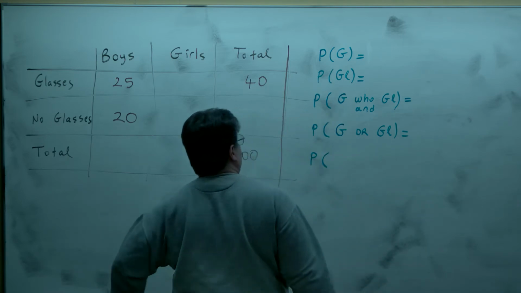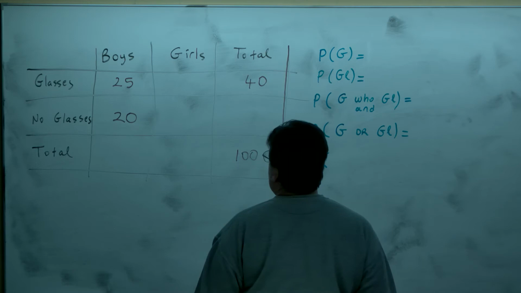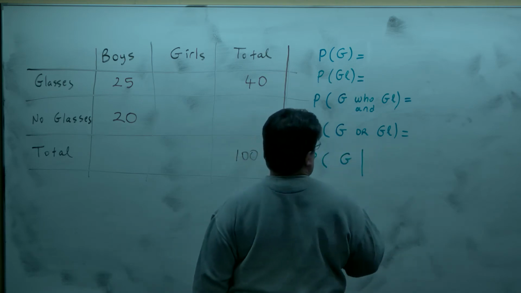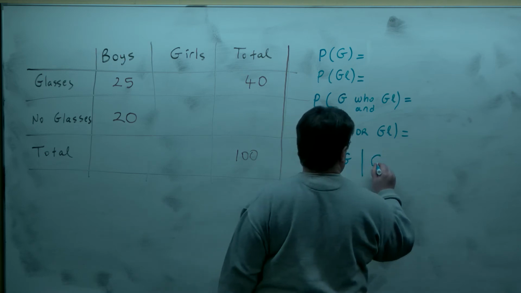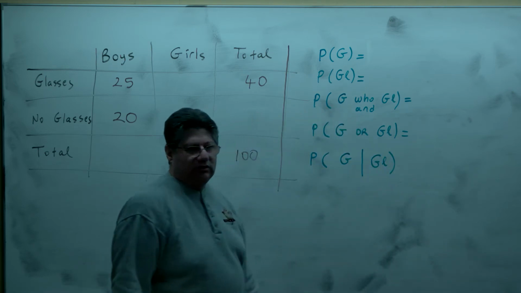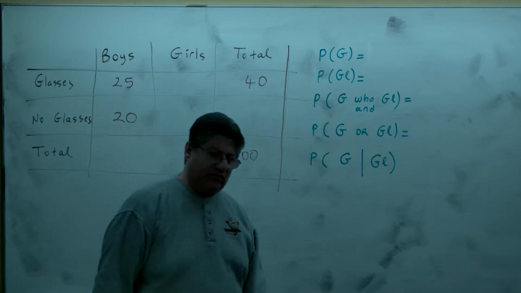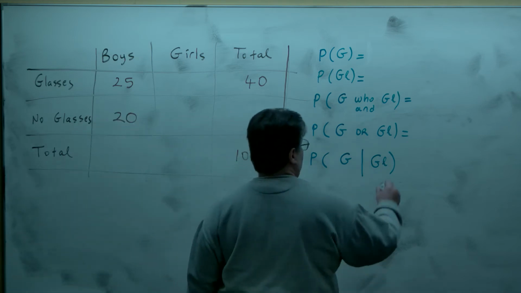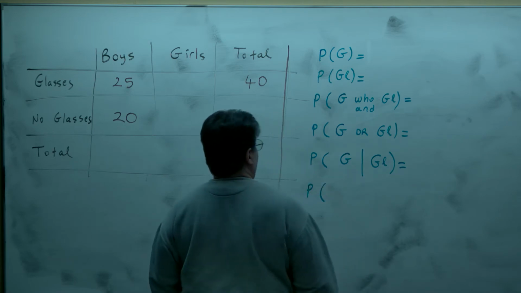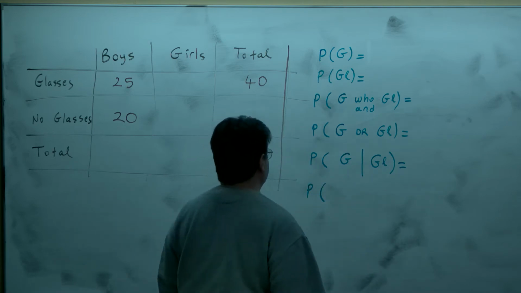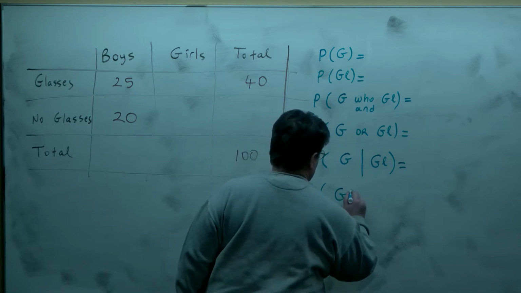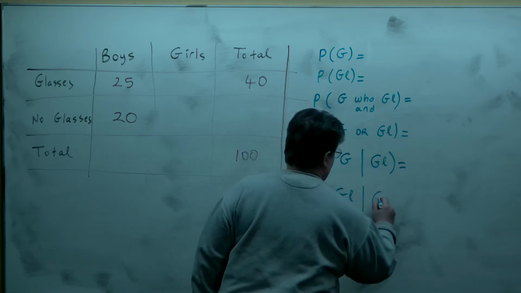And then what's the probability that a randomly selected student is a girl given that she wears glasses? Or is a girl given that he or she wears glasses? And then what's the probability that a randomly selected student wears glasses given that she's a girl?